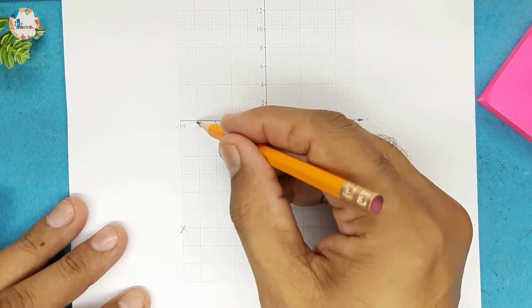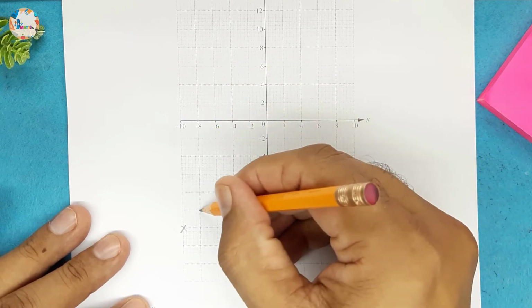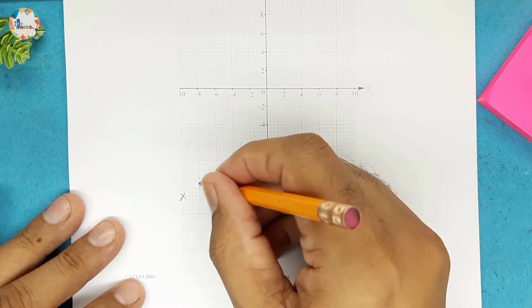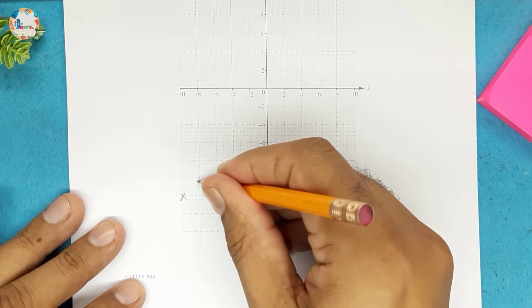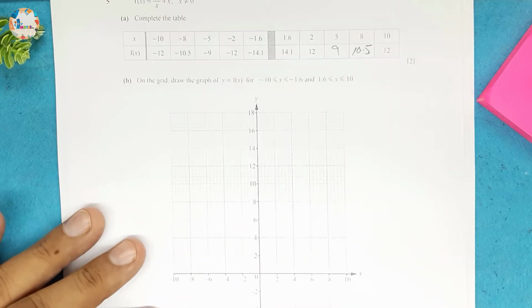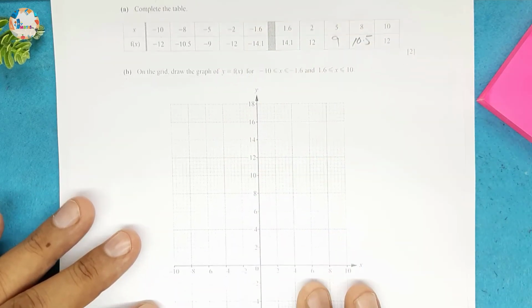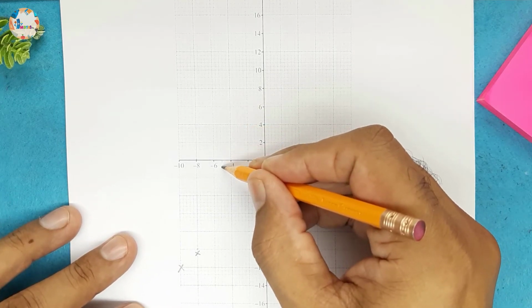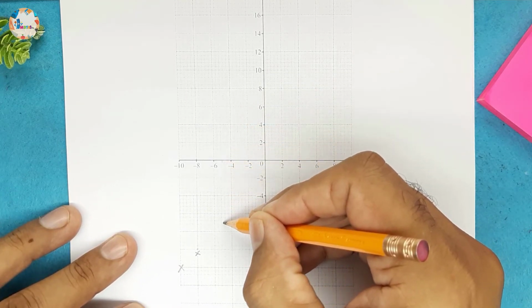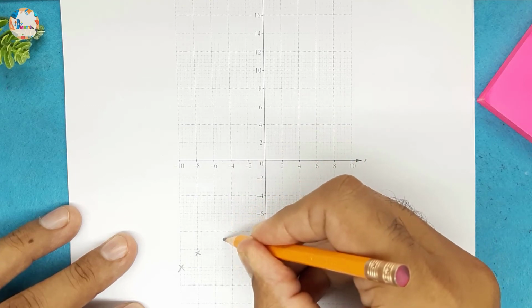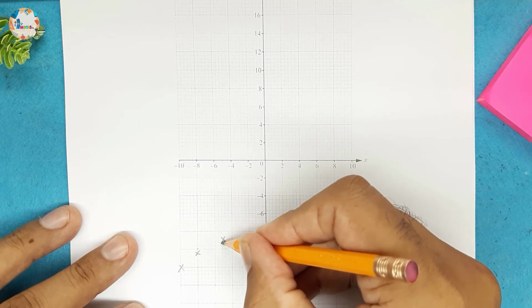So minus 8 and minus 10.5 will be around here. So this is done. Then minus 5 and minus 9. So minus 5 here and minus 9 also in the middle of this one. So this will be the point.